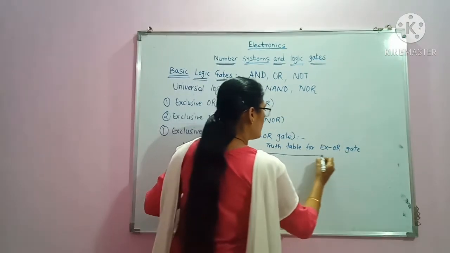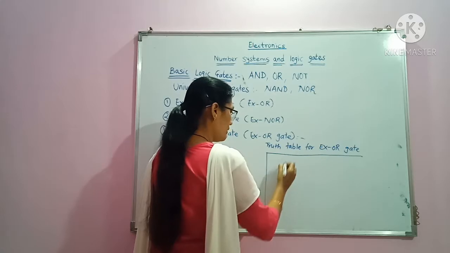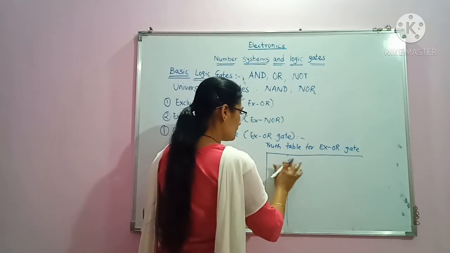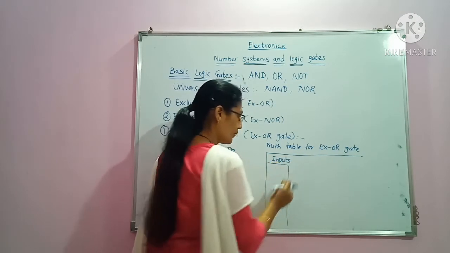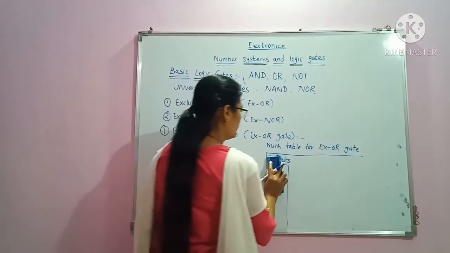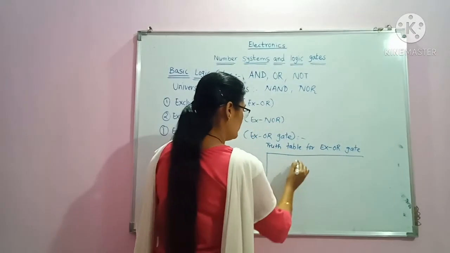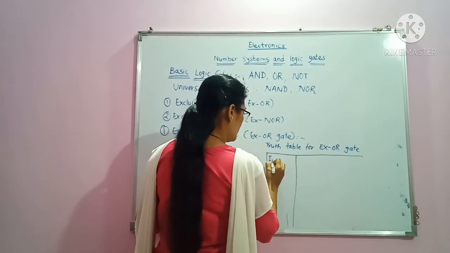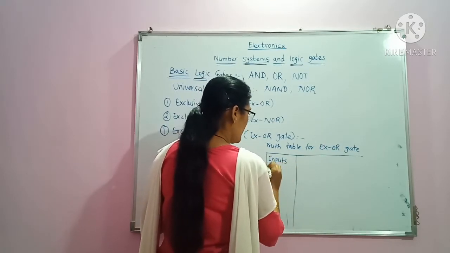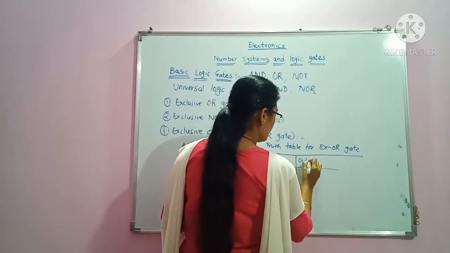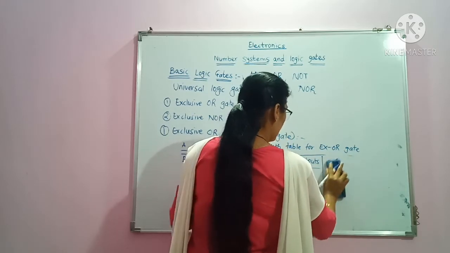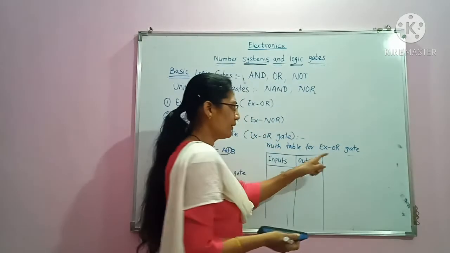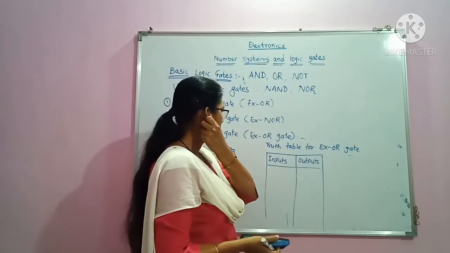So in the truth table we will have inputs and we will have outputs. Even though it is an XOR gate, it is not an OR gate or a NOR gate.